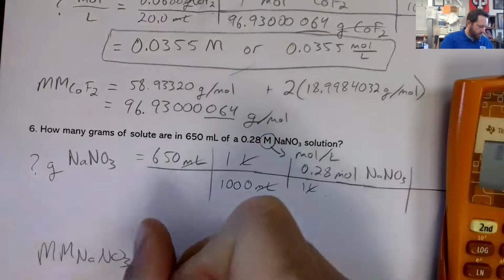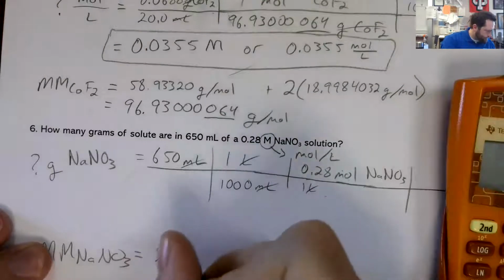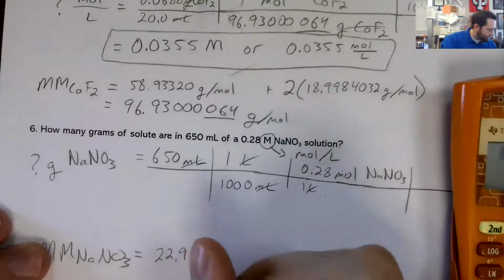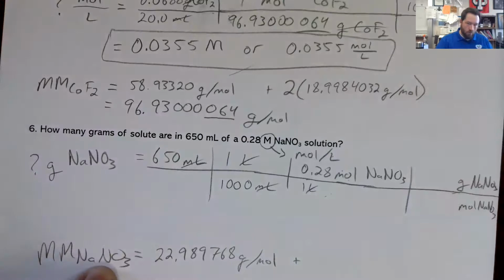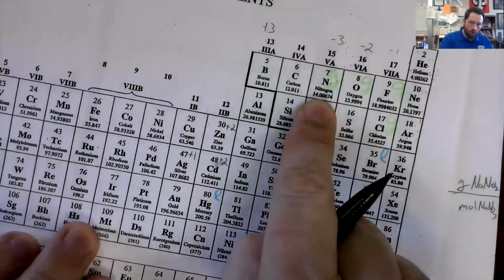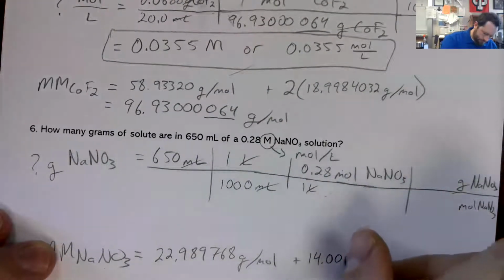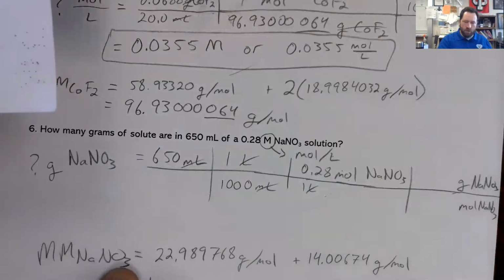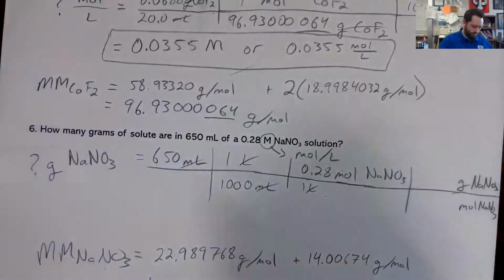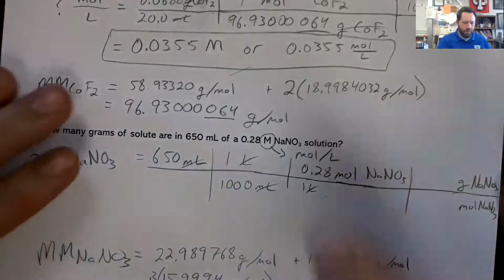So to find that, we put together 1 sodium, with 1 nitrogen, and we're going to need 3 oxygens. Let's multiply that one by 3.